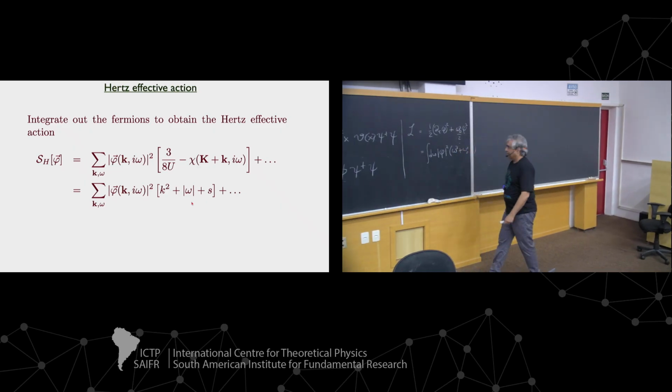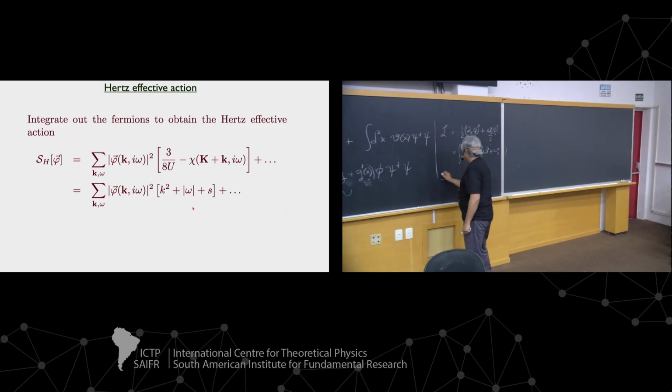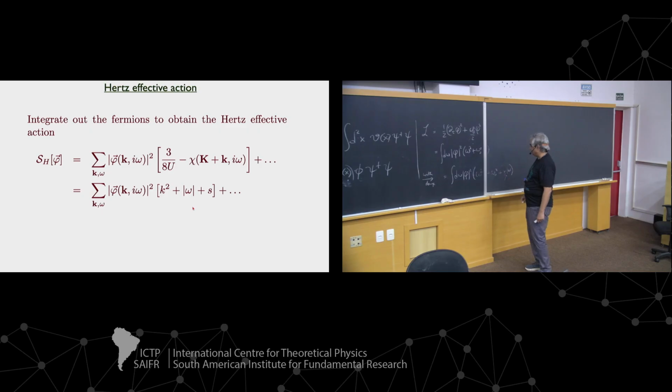Okay, but now we get this mod omega term from Hertz. What is our action? With damping, this is the integral d omega |phi| squared, omega squared plus omega naught squared plus some gamma mod omega. This is mod omega in imaginary frequency.